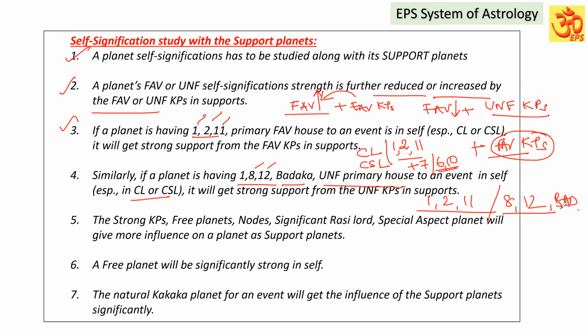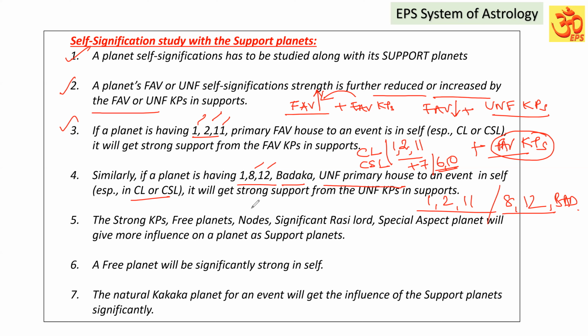If they are all present as the cuspal lordship or cuspal sublordship, please understand, when I'm saying cuspal lord or cuspal sublord, it does not mean that occupying house and cuspal star lordship houses, all having these houses, will not have any impact. Everything will have impact.